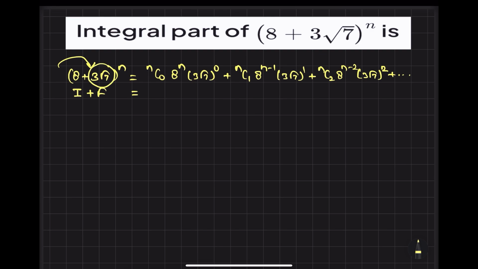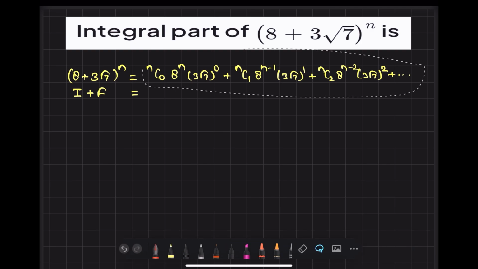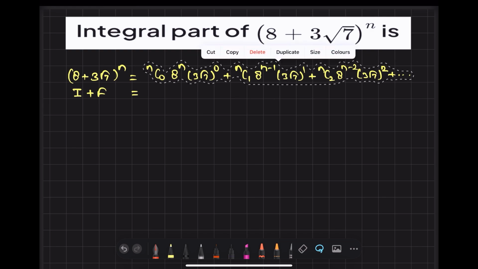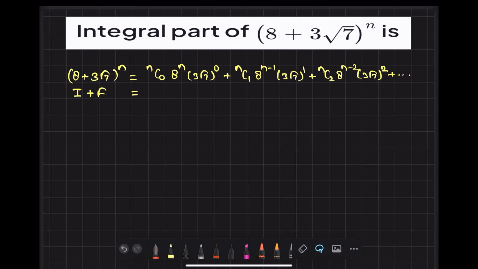This is something point something. So if you add something point something with 8, you will 100% have an integer part and a fractional part. Is that okay? I hope till this part you guys are comfortable.